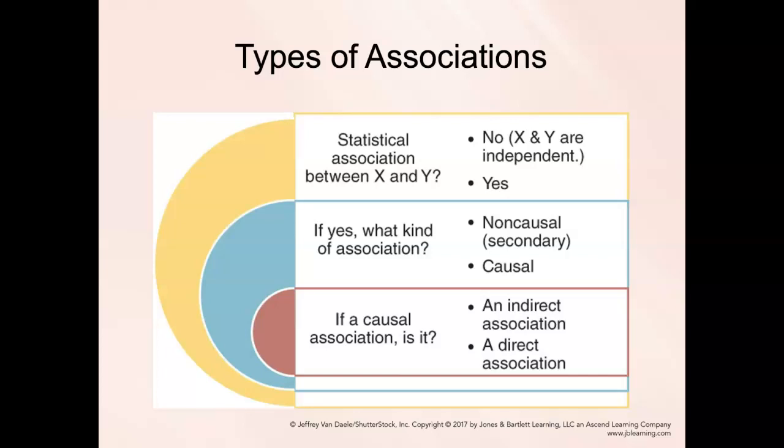You could also have a causal association, and under that category, you can have an indirect association or a direct association. So just because you find an association does not mean that it's a causal association. And trying to establish a causal association is a very difficult, complex thing to do. In the next part of this module, we're going to talk about some of the criteria that we use to actually establish causality between our variables.